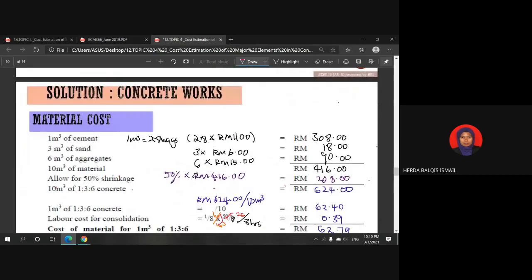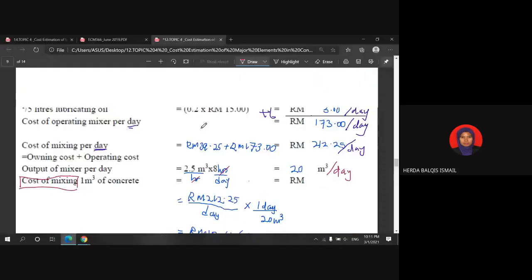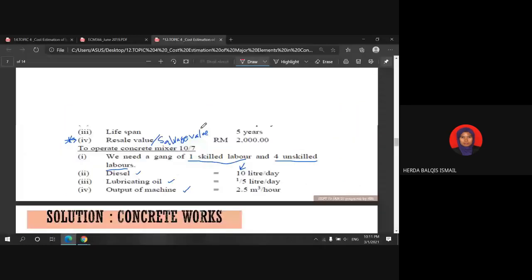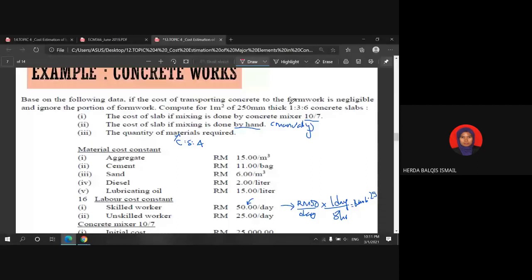Okay, so in this question, the ratio is 1 to 3 to 6.